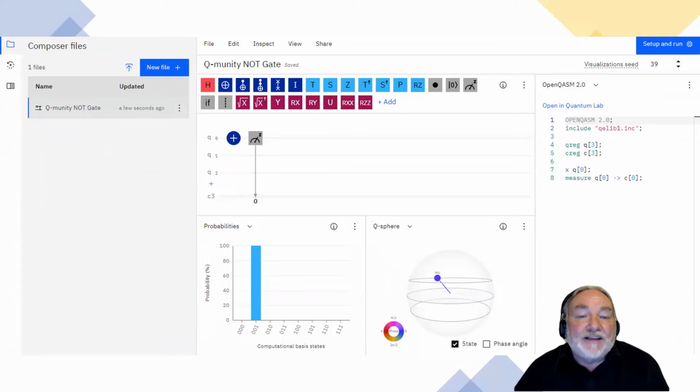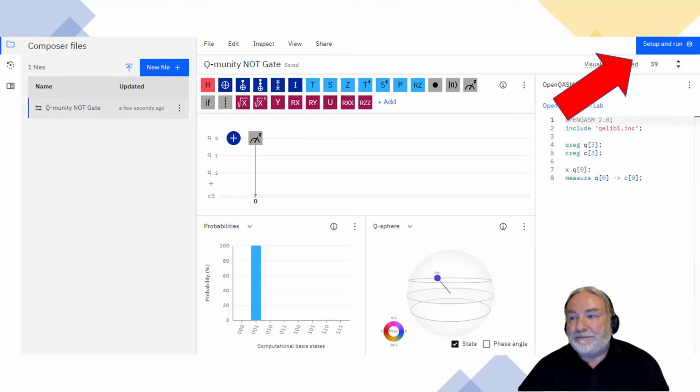And it's initialized to 0. It always is. Almost every algorithm starts that way. And all I've done is put a NOT gate and measured it. So you may see that by putting on this NOT gate, it's saying that the first qubit is in state 1 with 100% probability, which is what you would expect.